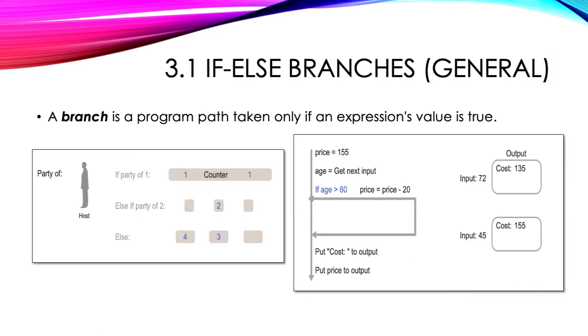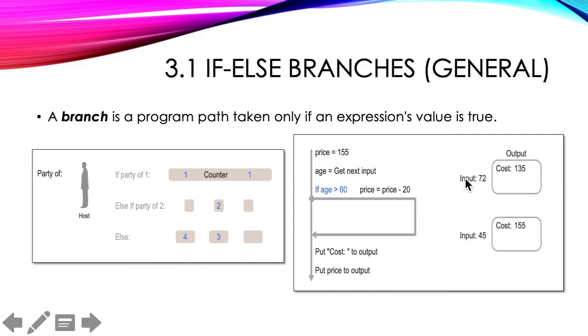Another example, on the right here, basically checks the true value. Over here we see the price is 155 and the age gets the next input. So in this case, if the input is 72, this is basically the price for the hotel.